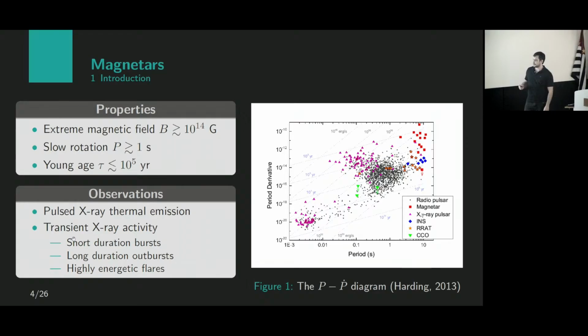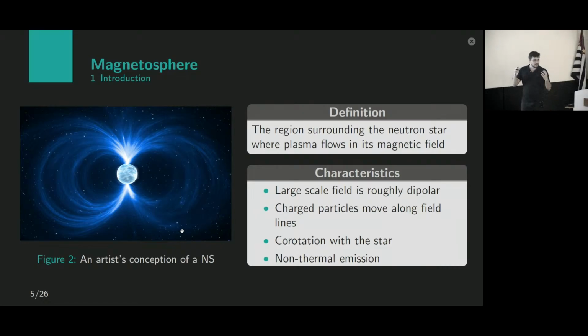This type of transient activity is highly believed to originate from the magnetosphere of the star, which is the region surrounding the magnetar, where we have plasma and charged particles that flow in the magnetic field. Roughly, you can imagine that the magnetic field outside of the star has a dipolar shape, more or less expected.